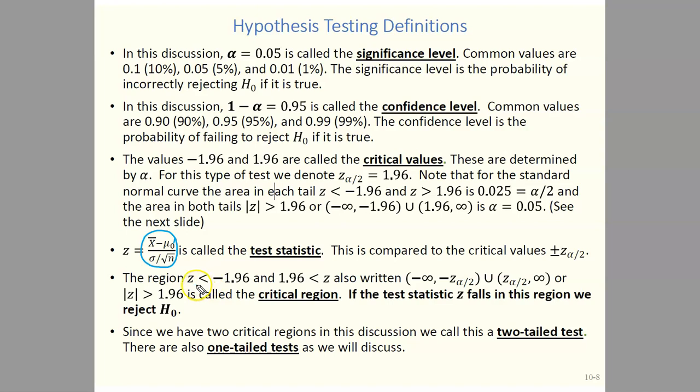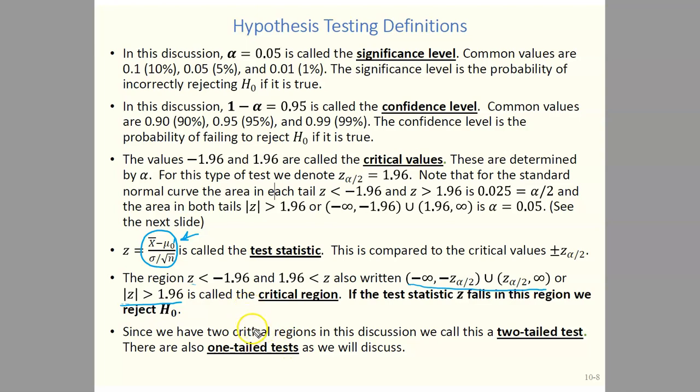Also, the region z less than negative 1.96 and z greater than 1.96, written either like this or like this, that is called your critical region. And if your test statistic up here falls in this region, then you reject the null hypothesis.